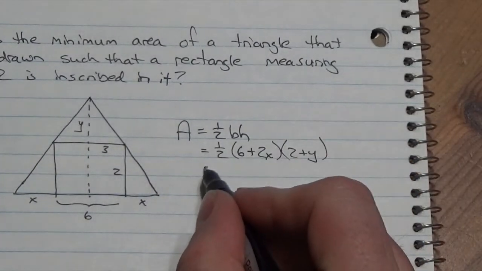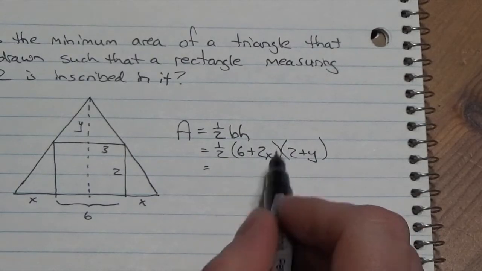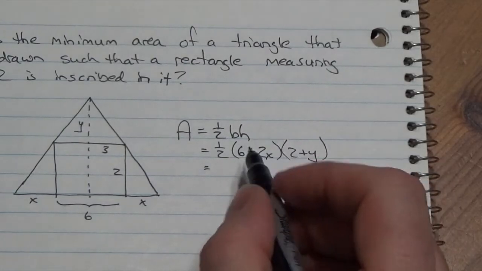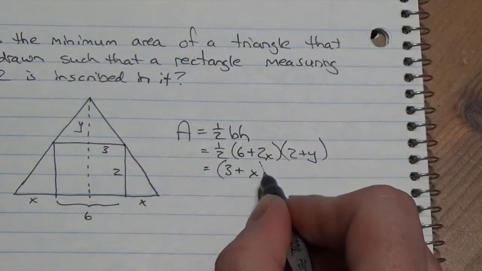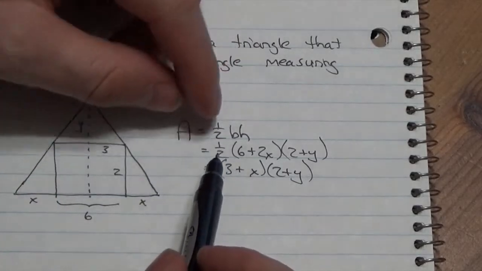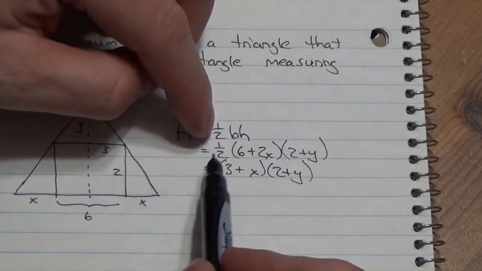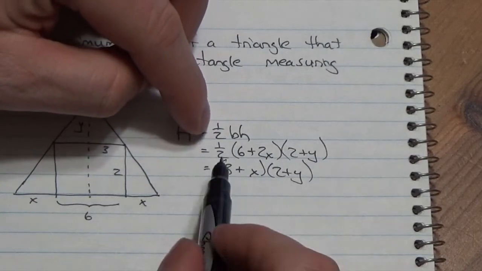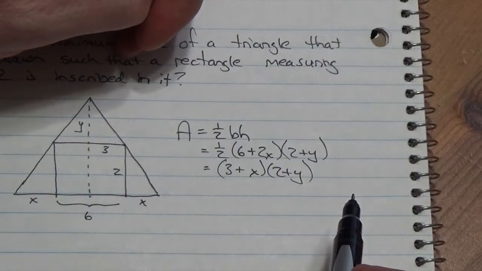Now, I can distribute this 1/2 through this first binomial, and I will get (3 plus x) multiplied by (2 plus y). Bear in mind, I can do that because sometimes people get confused and think that 1/2 has to get distributed to both of these, but multiplication does not distribute over multiplication. It distributes over addition.